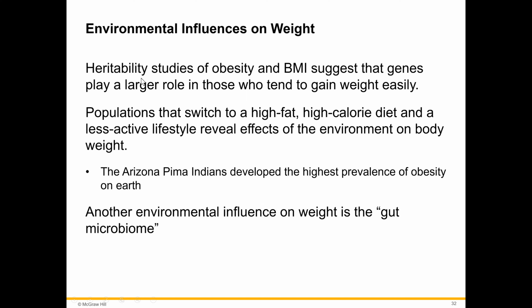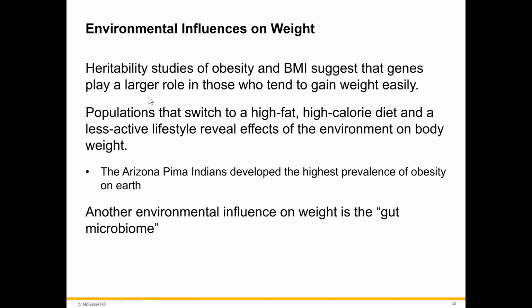So you can see heredity plays a great role in how easily we gain weight. If you gain weight easily, don't be too hard on yourself, because a lot of it is your heritability.